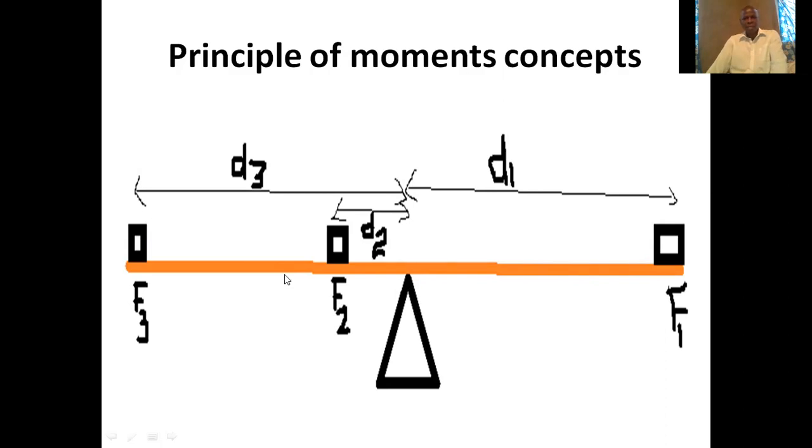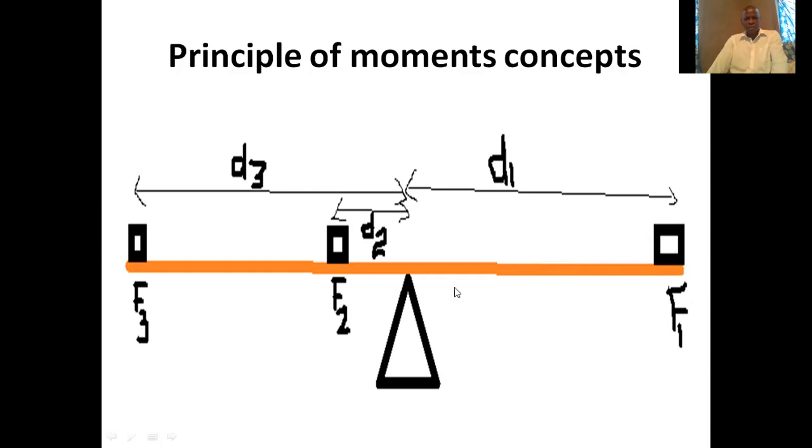Okay, and so now you place the forces here. Force 1 there, you put it, and you put an object here which will exert a force, which is force 2, and you put another object here which will exert a force downwards, which is force 3.